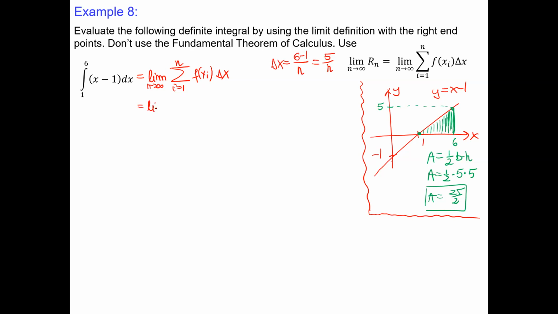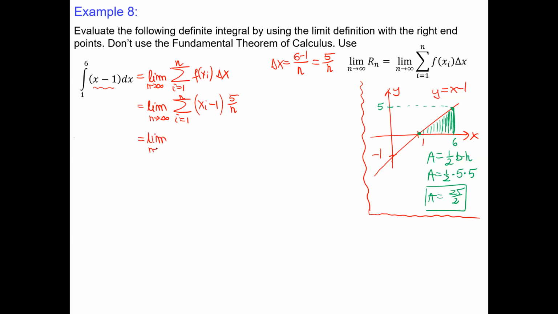Okay, let's start our evaluation. Limit as n goes to infinity, summation from 1 to n, and our function is defined as x minus 1. It will be x sub i minus 1. And delta x is 5/n.